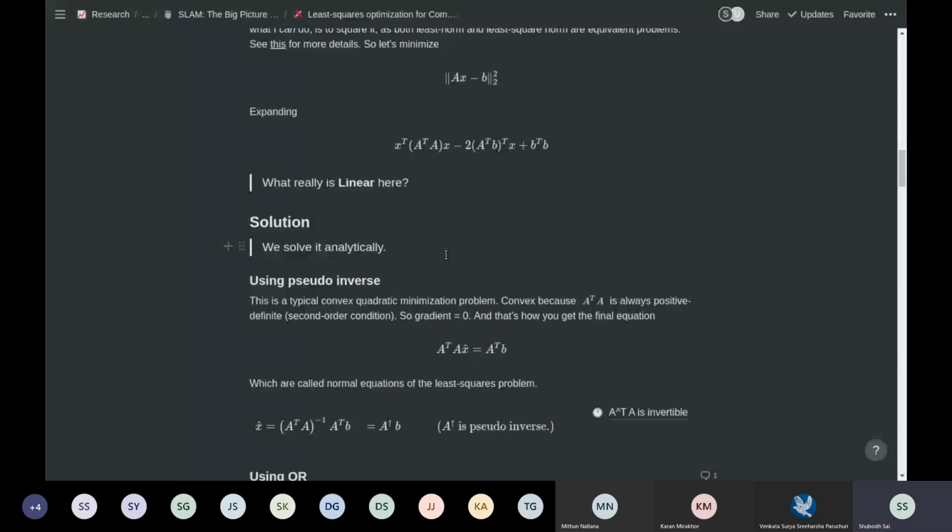So you equate the gradient to 0, and you say that is my solution. And I'm able to do this only because it's a convex problem. You cannot just take any function, take a derivative of it and say it's my solution. Only if it's a convex function. What is a convex function?